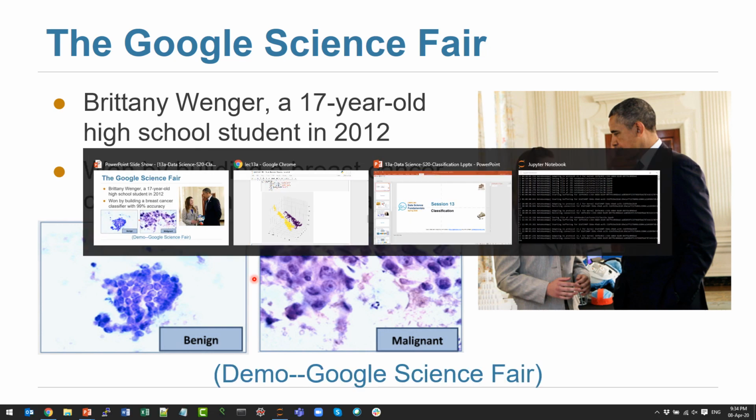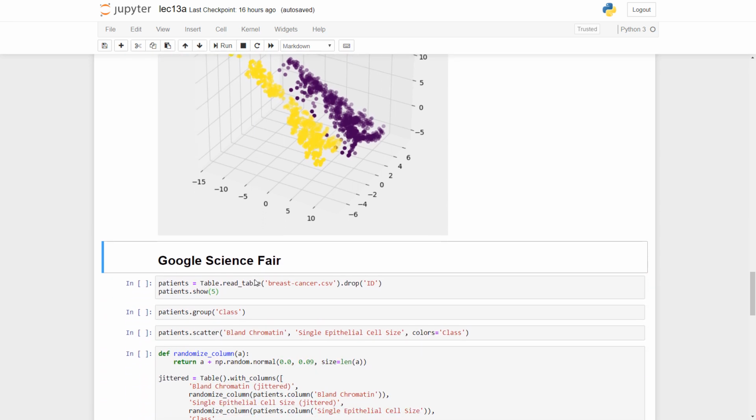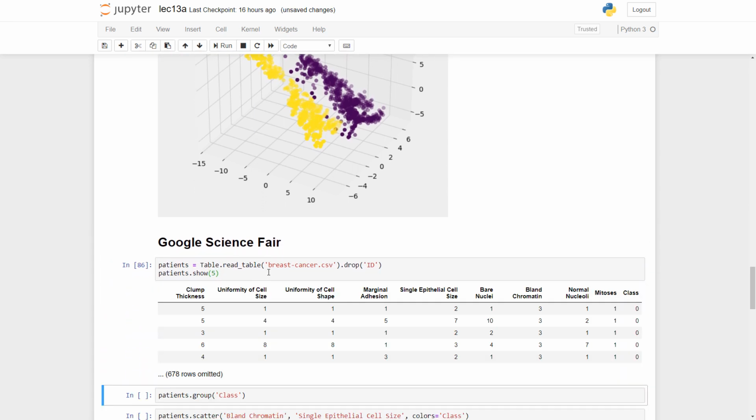Let's see a demo about this. So here is the data set. The images are represented by some attributes. We don't care much about the meaning of these attributes now, but we know that we have 1, 2, 3, 4, 5, 6, 7, 8, 9 attributes from the images, and we have the label for each image.